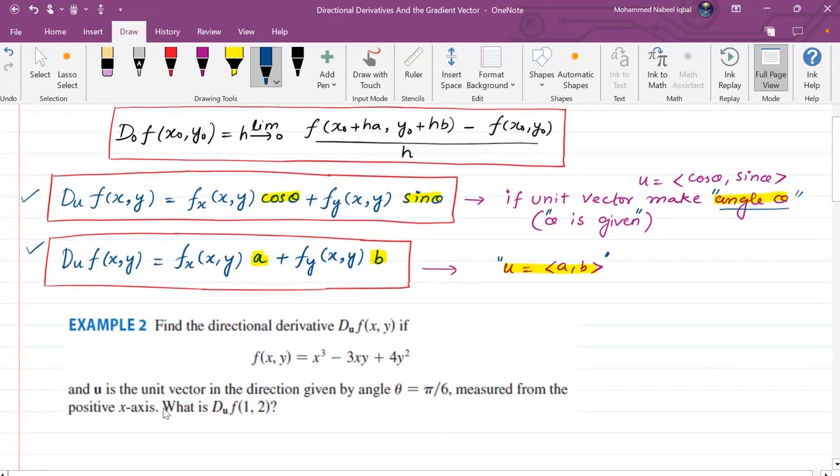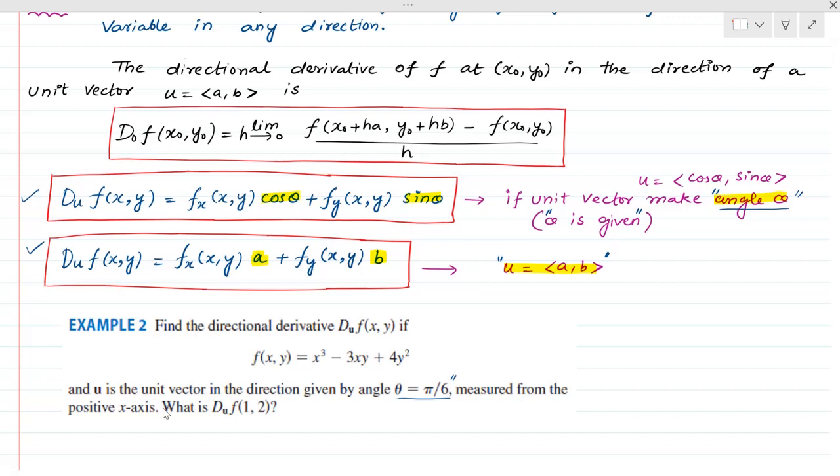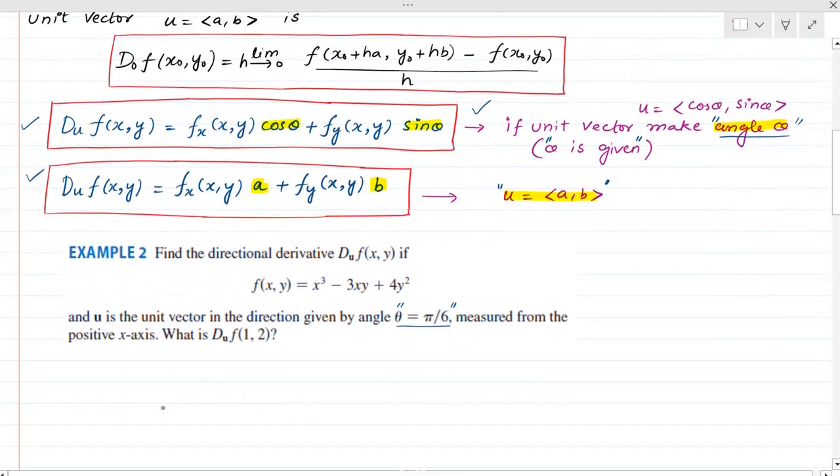Here we have to find the directional derivative of a function in which theta is given. So see here, if theta is given, we have to use the first formula. So what is the formula here? I write the formula first.